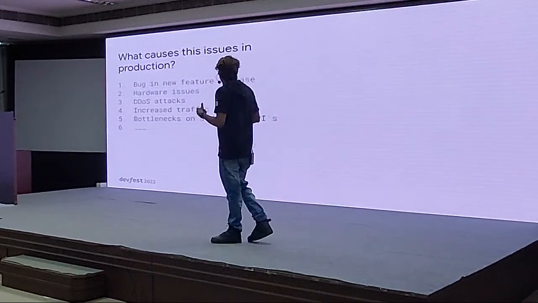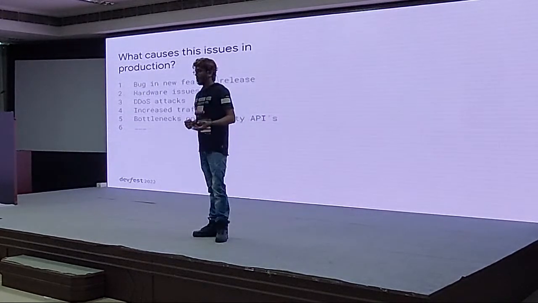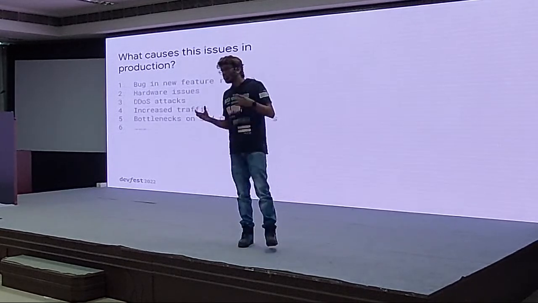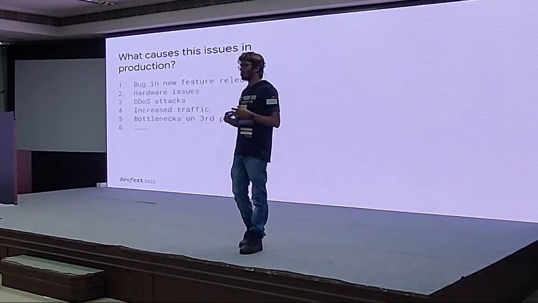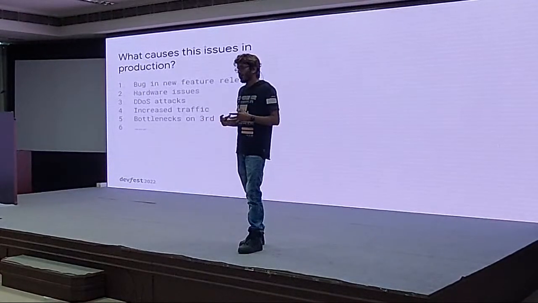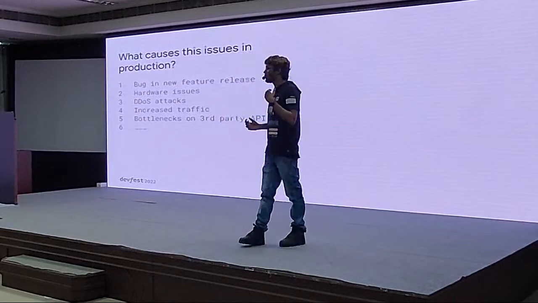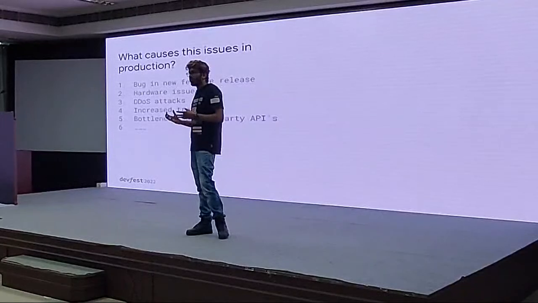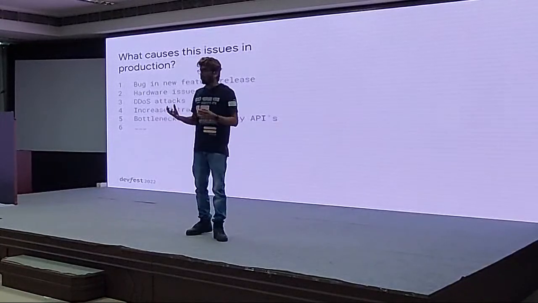The other thing is the bottlenecks of third-party APIs. For a product we are building, initially we might not have all the features built in-house, right? For some of the features we might need to use a third-party API, and there will be a certain rate limit.